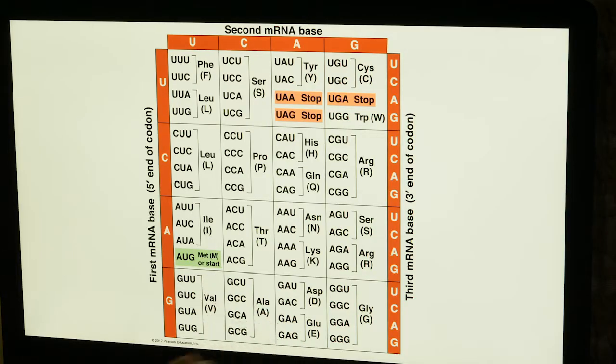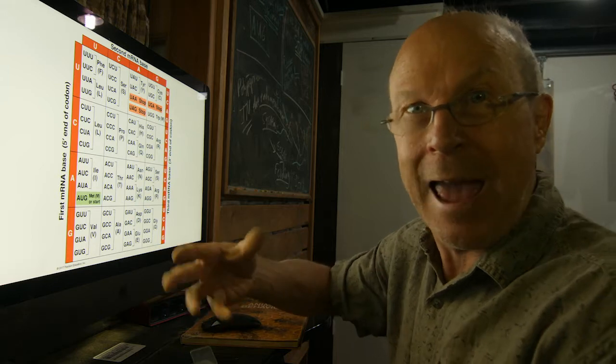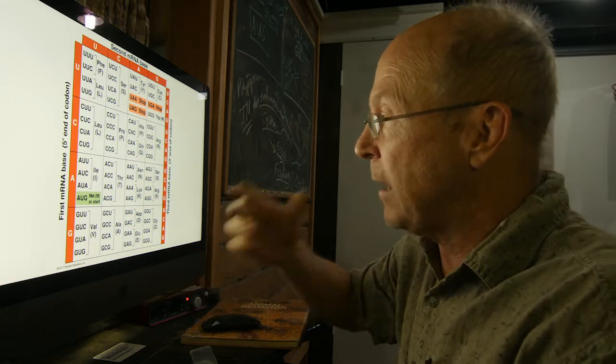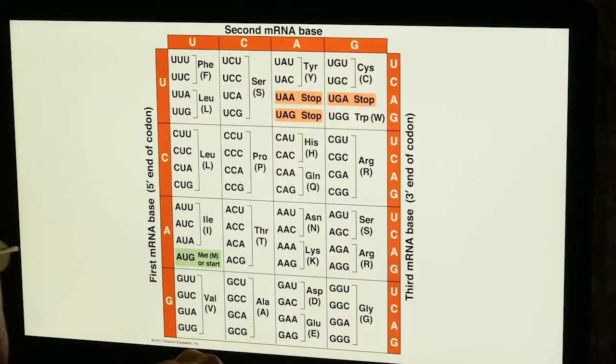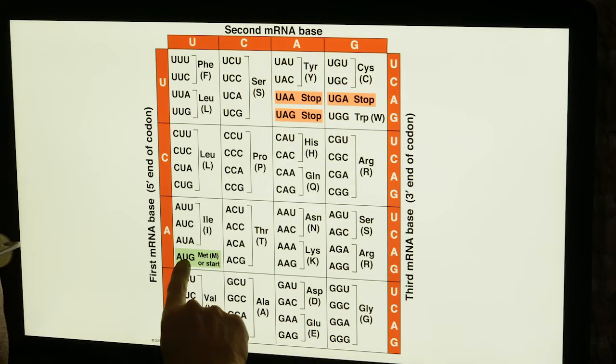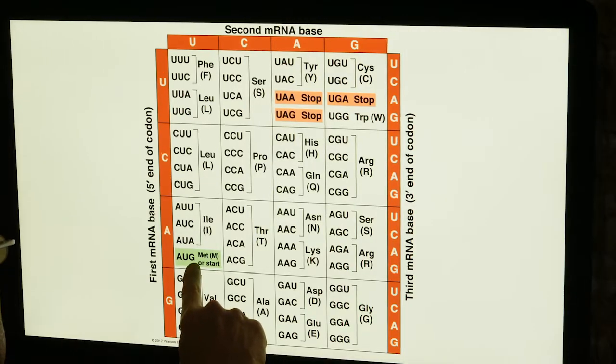When that mRNA has its 5' cap, and that 5' cap is the guanine triphosphate, it moves along after that, hits a UTR, and then when it hits the AUG, it's time to start building.